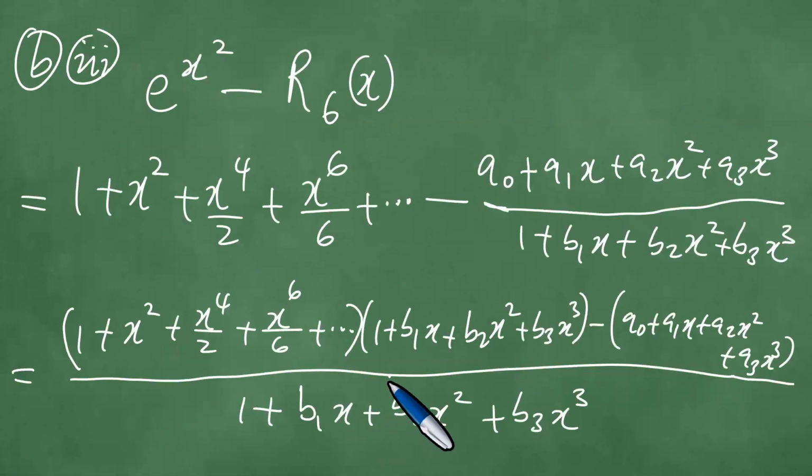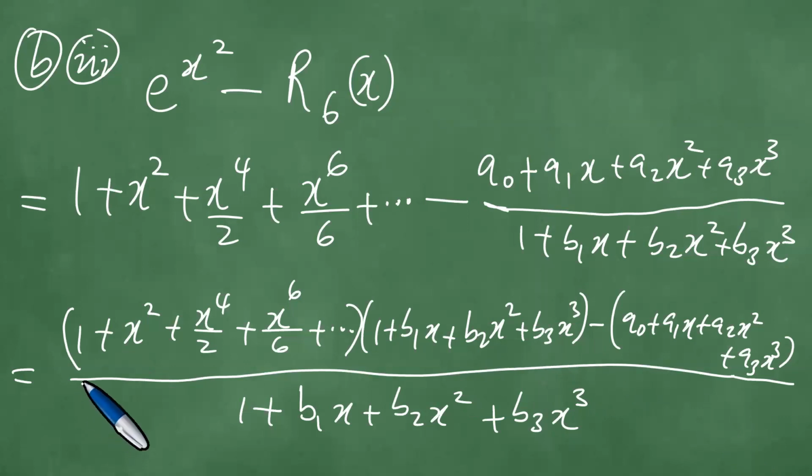By x cubed, let's look at the x cubed terms. So you're going to have b1 x squared, b1 x and x squared, which is going to bring a cube. And then a couple of cubes are going to appear from this, that's the b1 and x squared. What else? The b3 x cubed by 1, and there's going to be minus a3.